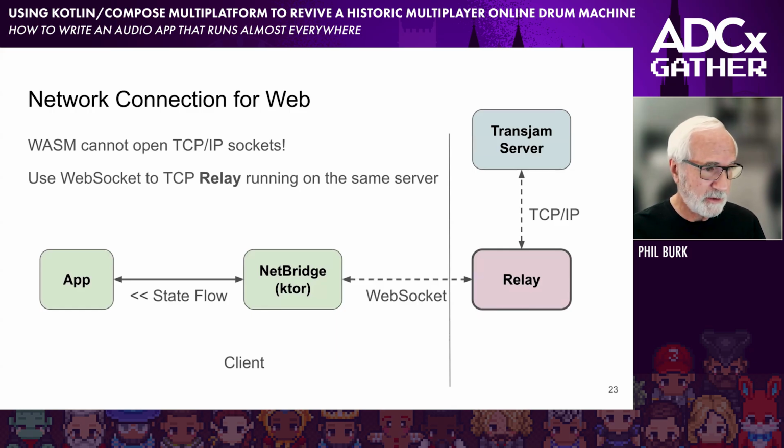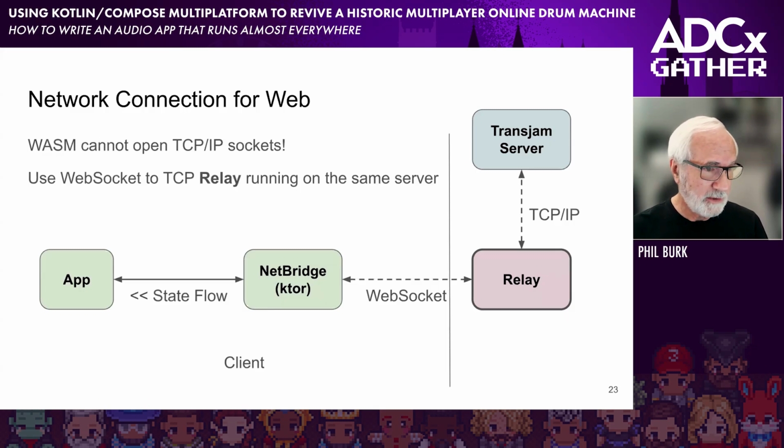So I had to use a WebSocket. ktor supports a WebSocket implementation both as a client and a server. So I wrote a very simple relay that runs on the same server as the Transgem TCP/IP server, and it just relays messages coming in from the WebSocket and sends them by TCP/IP to the server, and vice versa.